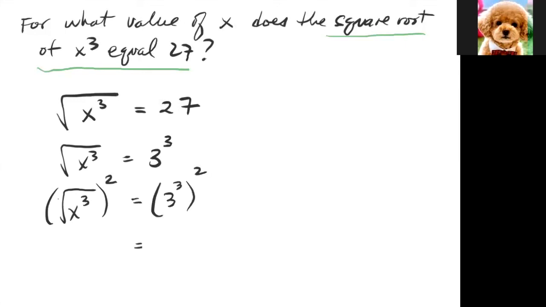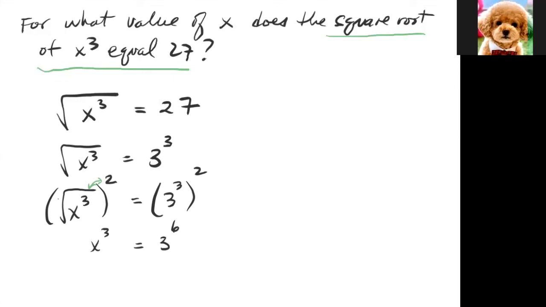And you're right, using our exponent rules that we're familiar with, this is going to be 3 to the power of 6. And that's x to the power of 3. The square and the square root are going to cancel each other. So we can say x cubed is equal to 3 to the power of 6.